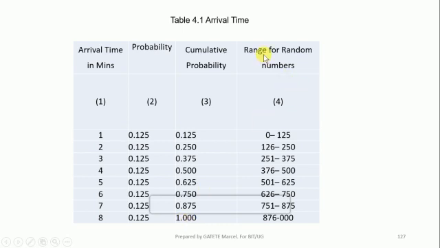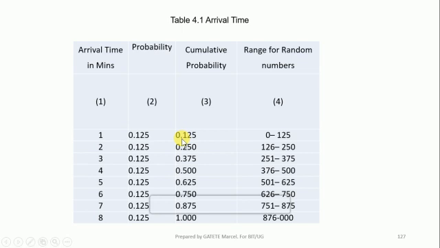Then I can have the range of random numbers. The range of these probabilities, I can calculate the range of the random numbers according to these cumulative probabilities. Random numbers have to be integers.